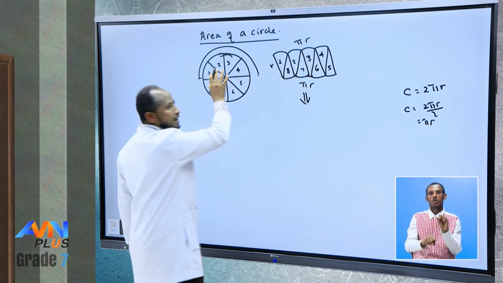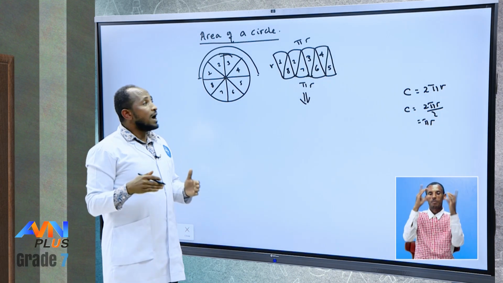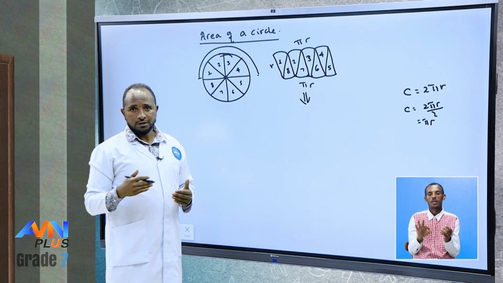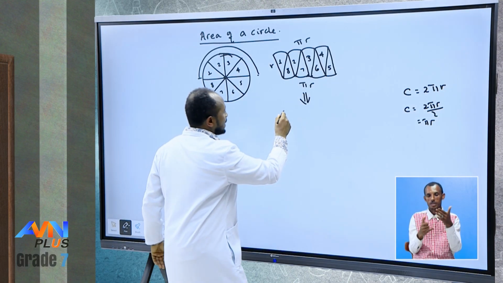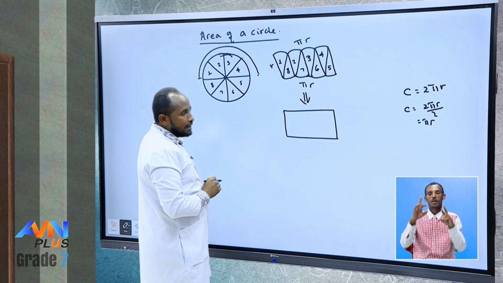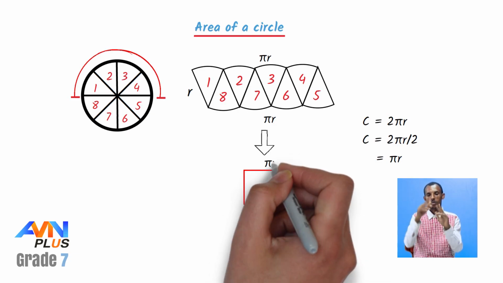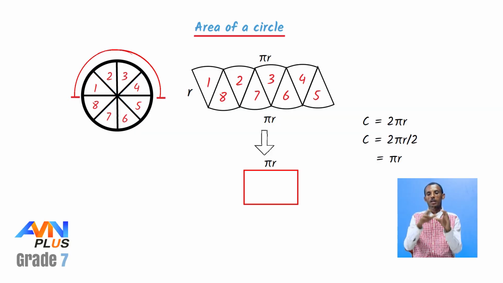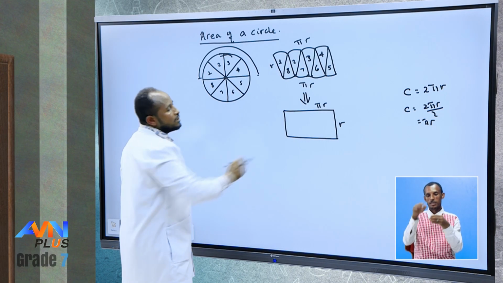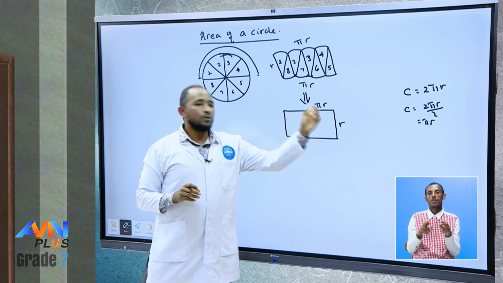So if you divide this circle into so many pieces, you will have such a picture which is near to a rectangle. If you divide the circle into so many parts, you will have a rectangle whose length is pi r and whose width is the radius. So the circle, divided into so many pieces, is converted into a rectangle of length pi r and width radius.